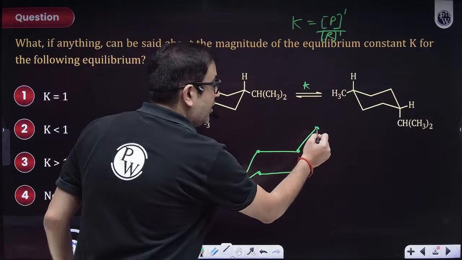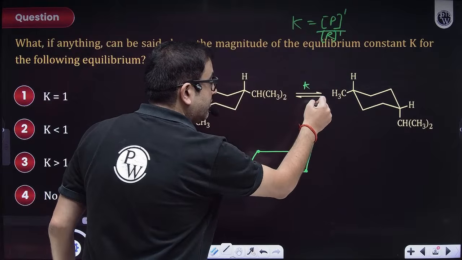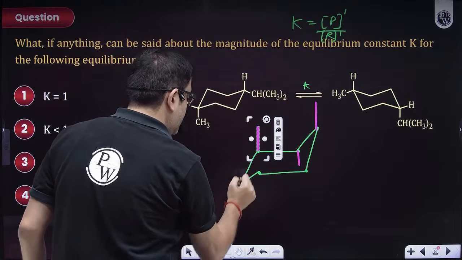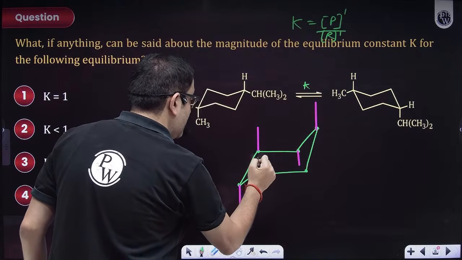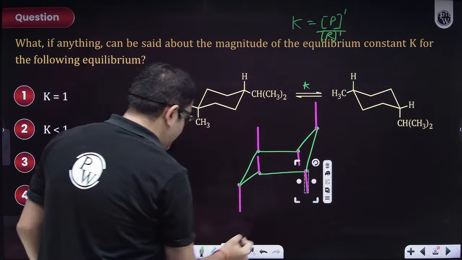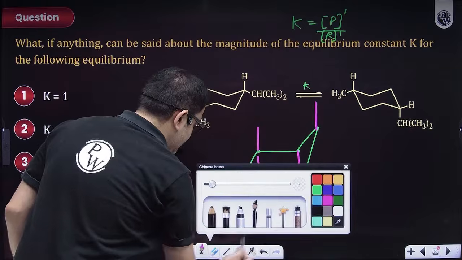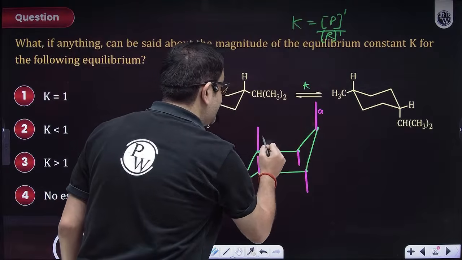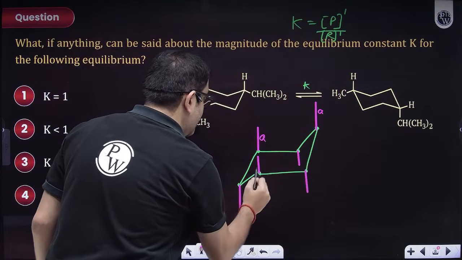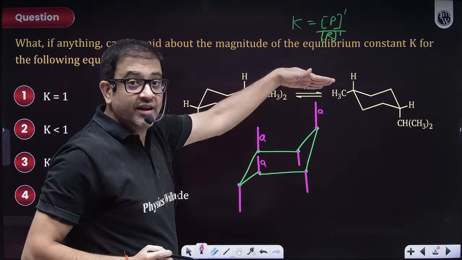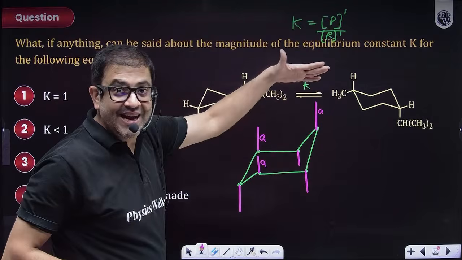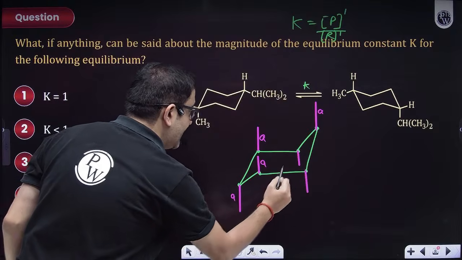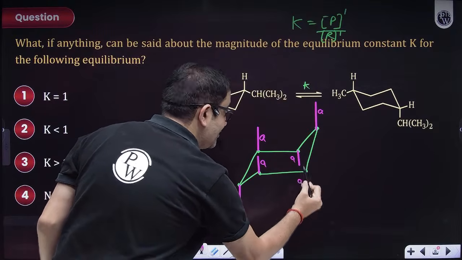Standing on this top carbon and drawing a top, up, down, up, down, up, down. That means these pink lines are my axial bonds. Sometimes these axial bonds are above the plane of cyclohexane, sometimes below the plane, but ultimately they are axial bonds.